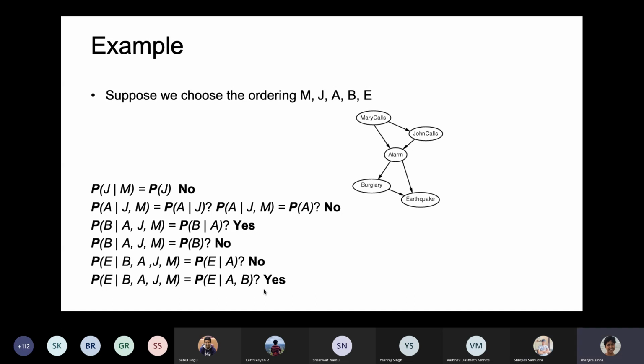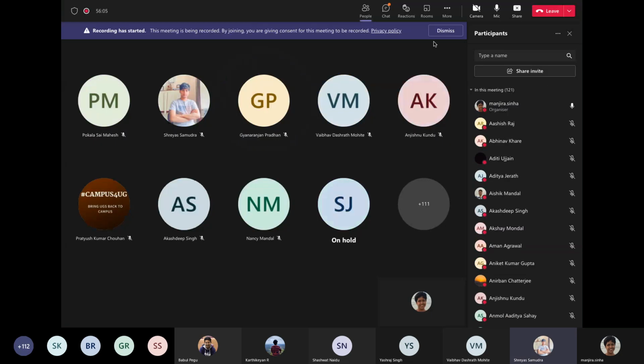The tables will be different because the conditional probabilities being calculated are different, so my table entries are different. But the tables will be of the same type as we have seen, based on the parent and the direct descendants. Did I answer your question? Yes, I got it. Okay. Any more questions?